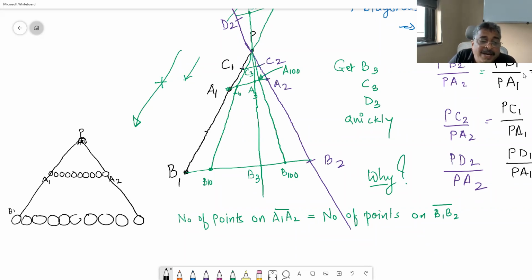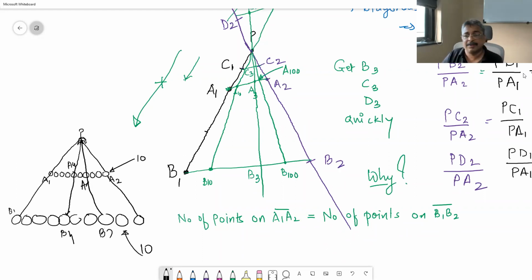So if there are finitely many points on one, then there are finitely many on the other. Again one-one correspondence. If you put a ray like this, it will hit this ball. If this is A4, it will be B4 and so on. If this is A7, B7, then it will have the corresponding A7. So when it comes to finite, you think it's correct.